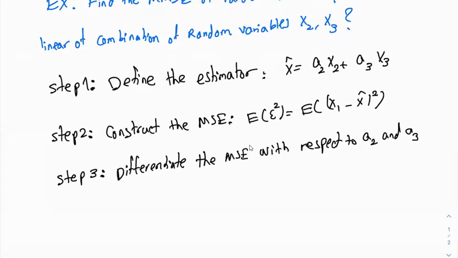But x2 and x3 are the random variables given. So once we find the optimal coefficients, then we are set. Differentiate the MSE with respect to a2 and a3 to find the optimal coefficients.